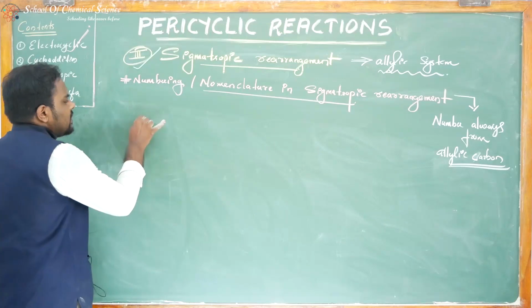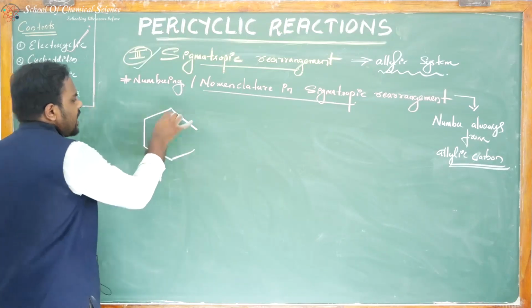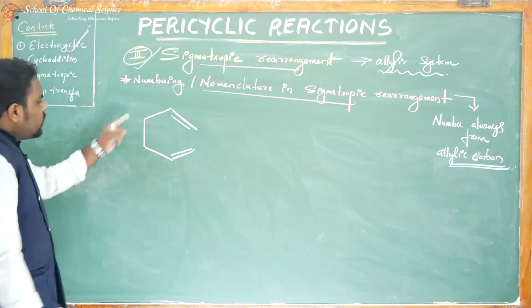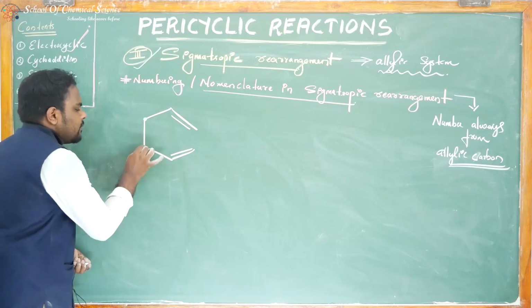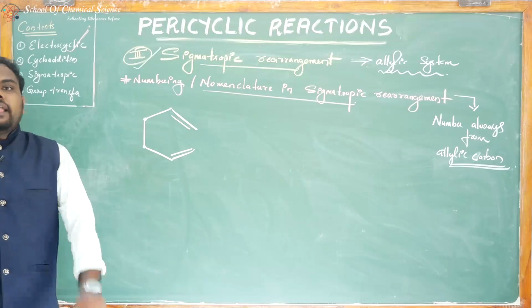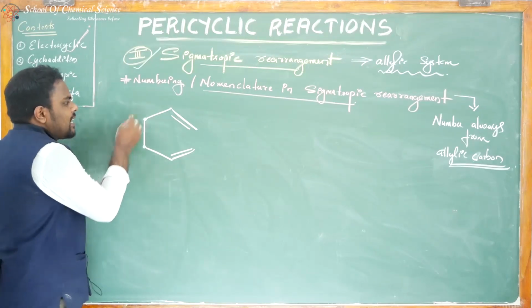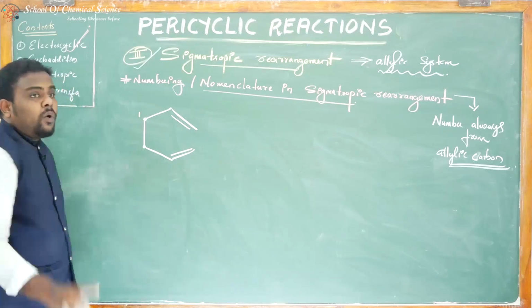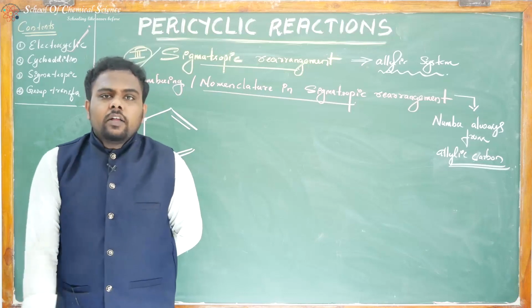For example, this is a typical system that shows sigmatropic rearrangement due to the presence of two allylic carbons. Numbering always from the allylic carbon. So this is an allylic carbon, so that allylic carbon is given the number 1. You have to give the first number to the allylic carbon.